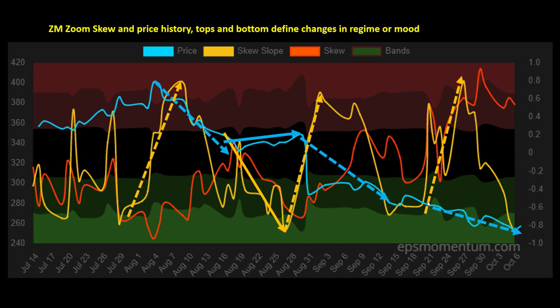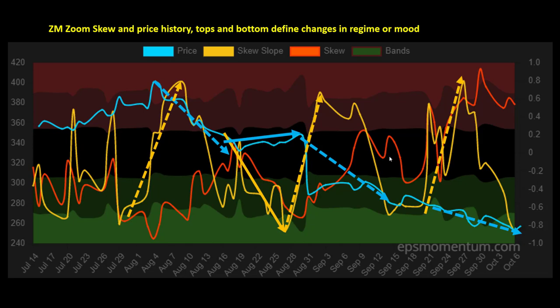Okay, so let's look at this point here in yellow. The skew slope is actually shooting up, okay? Shooting up to where? It goes from the green region, somewhat very bullish, right? So it started here, and then it pushes the blue price up. It's positive, right?